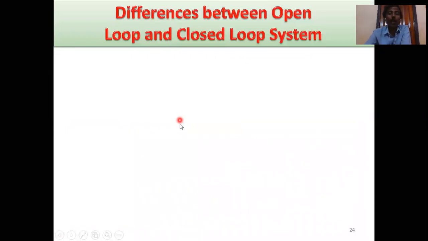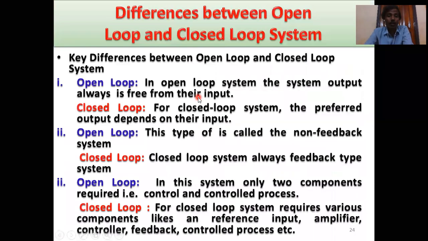Difference between open loop and closed loop control systems. What is the basic difference between open loop control systems and closed loop control systems? First point: in open loop systems, the system's output is always free from the input. For closed loop systems, the output depends on the input.